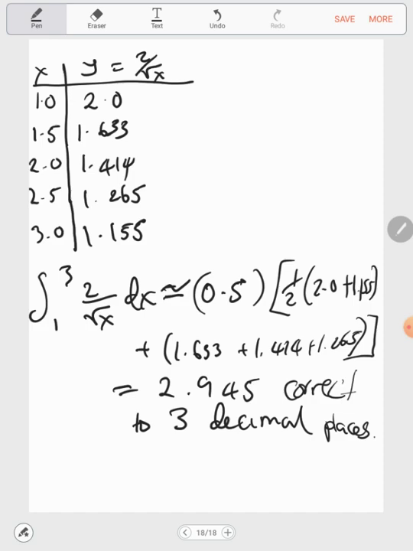Please solve the other questions in the module. That will help us understand the trapezoidal rule fully.